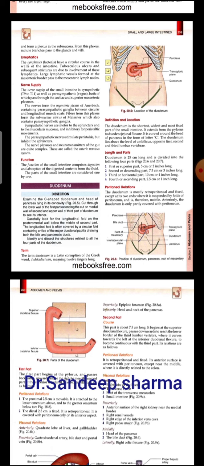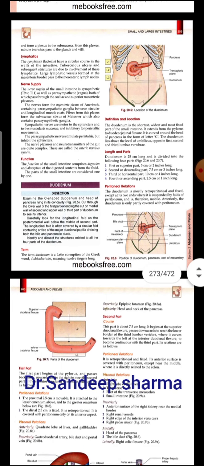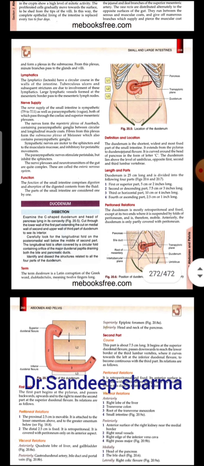Inside the abdomen, whenever you open the abdomen, nowhere will you find a clear cut saying that up to here is duodenum. So it is for our understanding. Duodenum is 25 centimeter long.